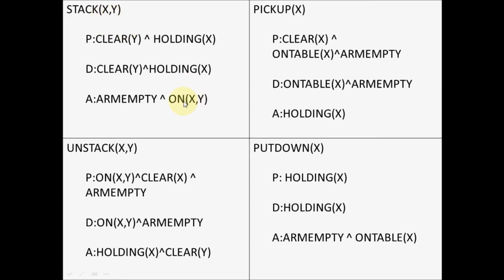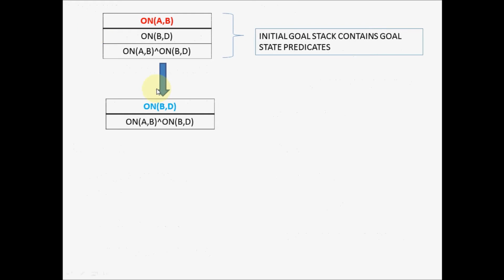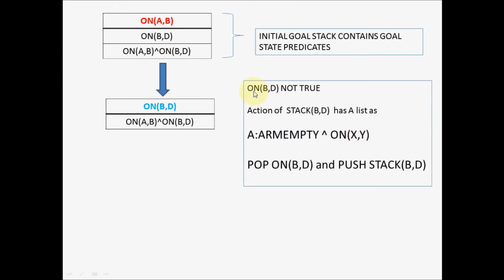Why? Because you want on b comma d, so x should be b, y should be d. As I have already told you, on b comma d is not true, so the action stack b comma d, which we just saw, has in its add list arm empty and on x comma y.